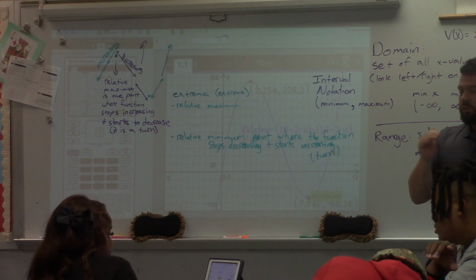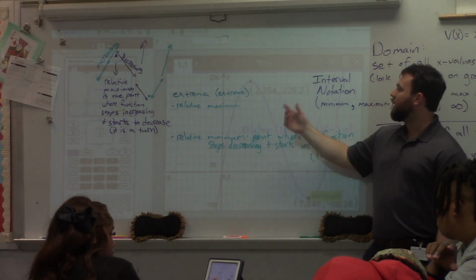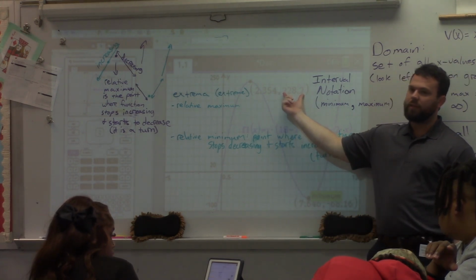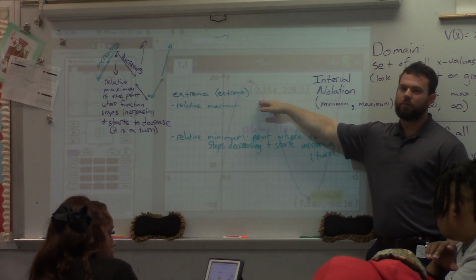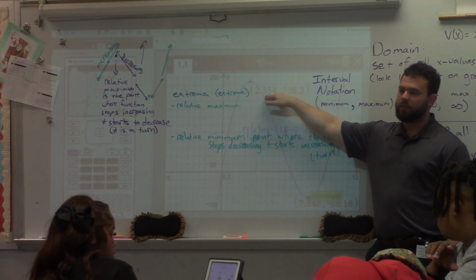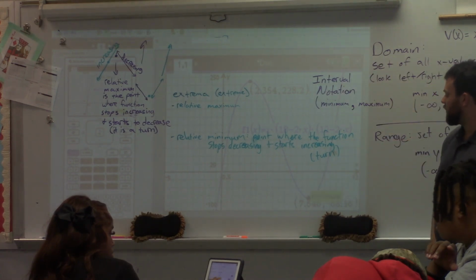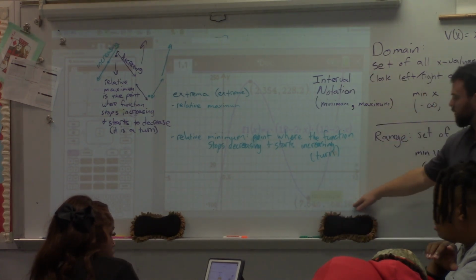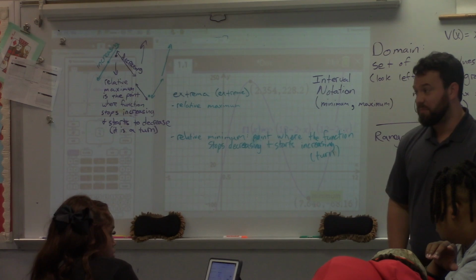You can write the point, but what we technically in mathematics mean is it's a relative maximum of 228 at x equals 2.35. So that's something to keep in mind too. But you would just report the relative maximum is that point. The relative minimum is right here, at this point.